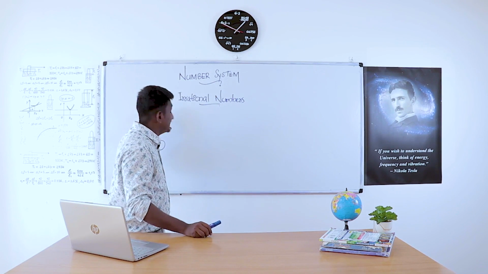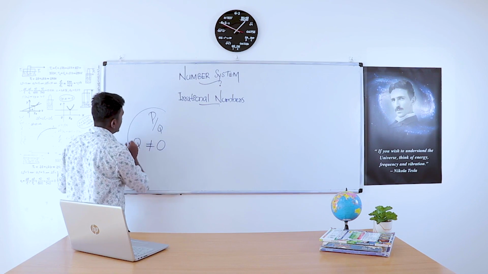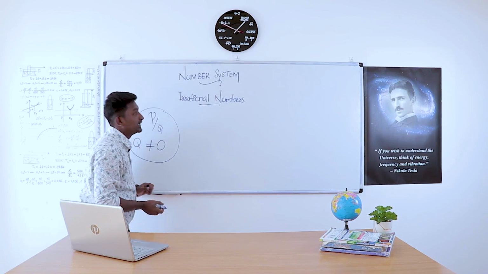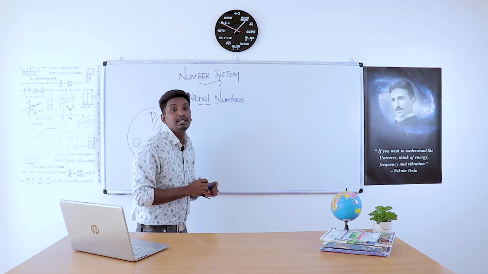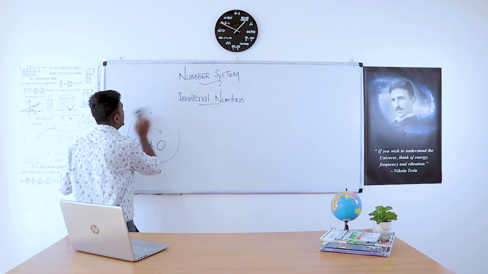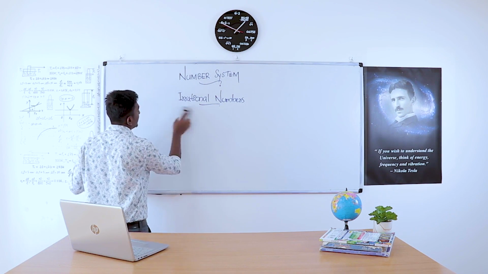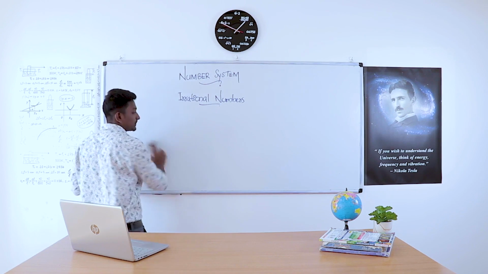Therefore, rational numbers are of the form p by q. This is the form. But irrational numbers cannot be expressed as p by q. The numbers which cannot be expressed in the form p by q are called irrational numbers.